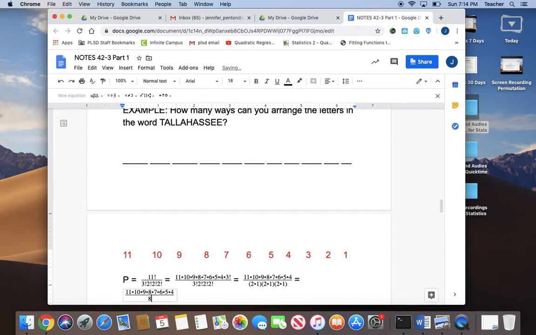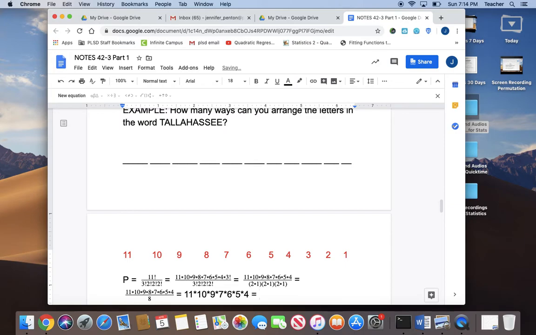That's over 8. And so because I have an 8 in the top and in the bottom, those can cancel. And so what I'm left with is 11 times 10 times 9, now remember my 8's canceled from the top and the bottom, times 7 times 6 times 5 times 4.